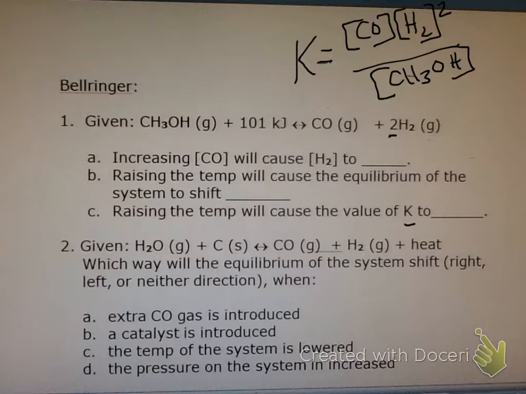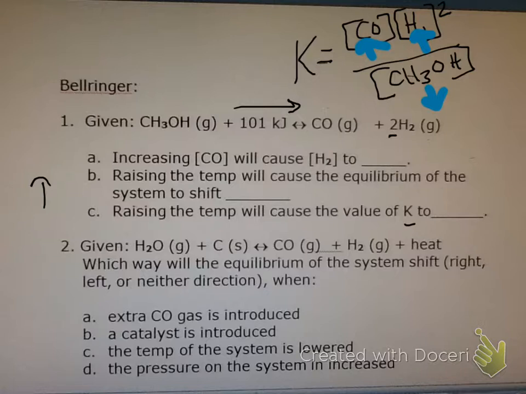So increasing the temperature is going to favor the forward reaction because we already determined that the forward reaction is the endothermic reaction. That means that the value of CO is going to go up and the value of H2 is going to go up because the forward reaction is favored. That means I'm going to be making more products. The value or the concentration of methanol will go down.